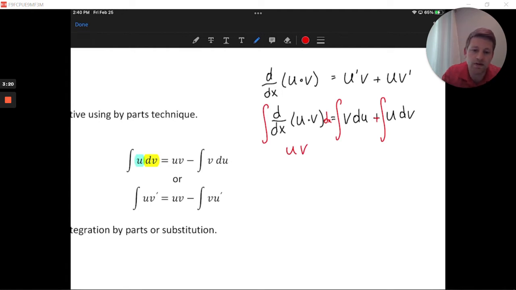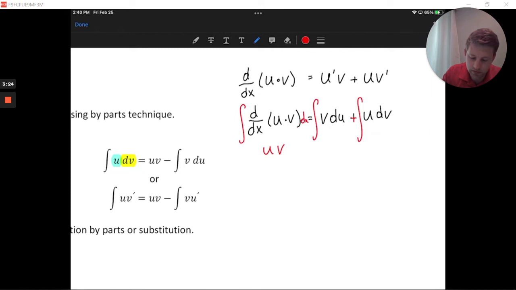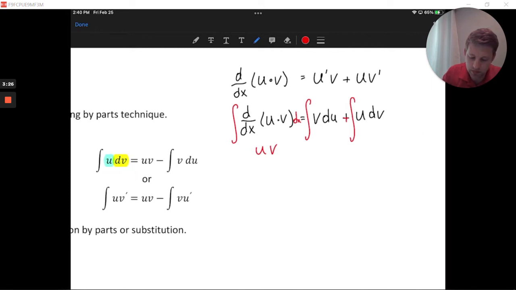The integral of the v du here we can give as just this integral itself. So we can bring that down, the integral of v du plus the integral of u dv, those two products.